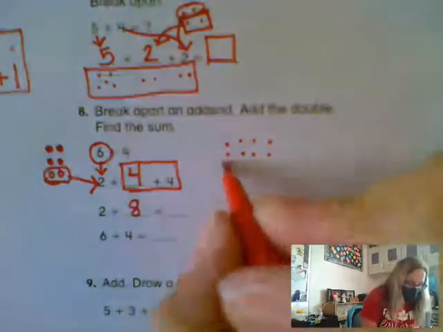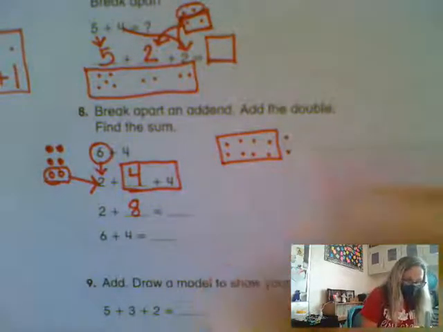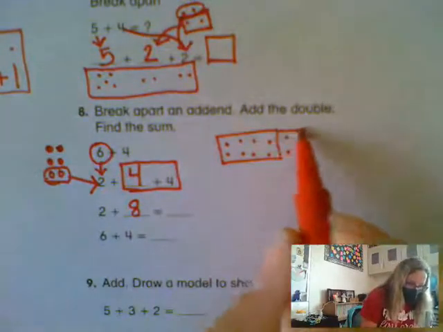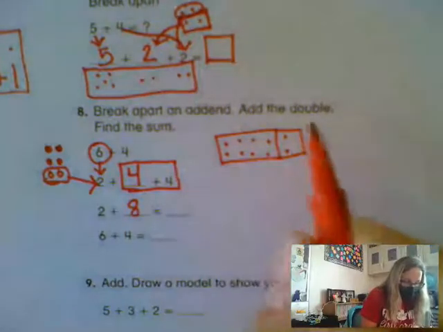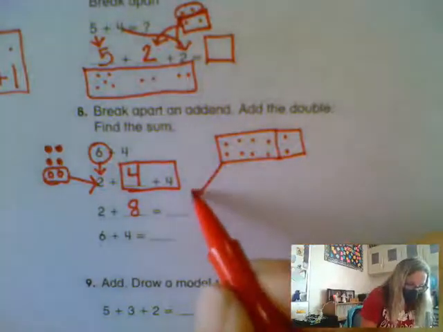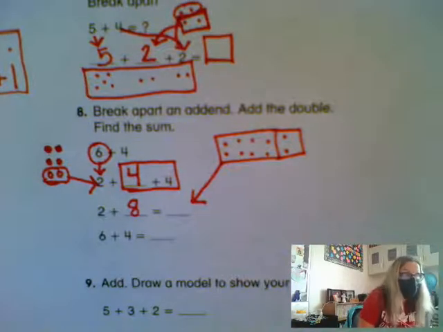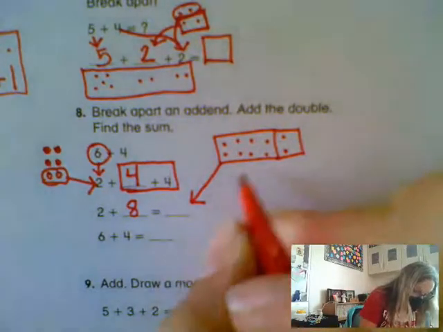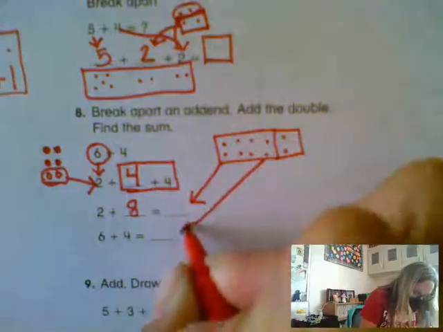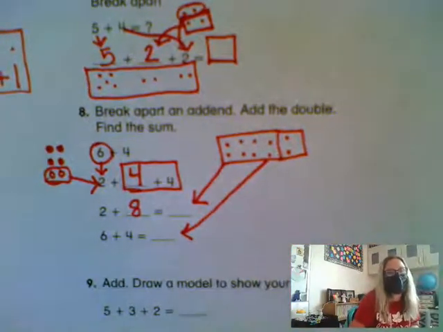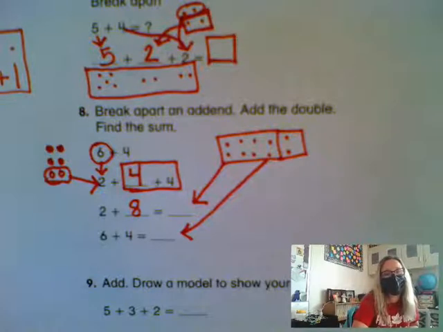So we have 8 plus 2 more. How many is that all together? And that will tell us the answer for 2 plus 8. And it will be the same answer that you'll put here for 6 plus 4. So go ahead and fill in those missing sums.